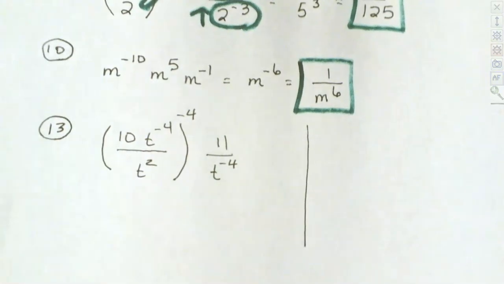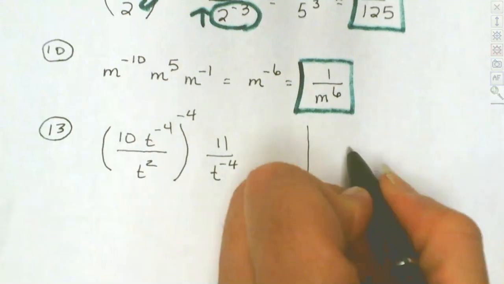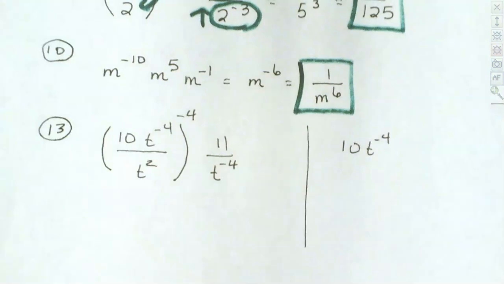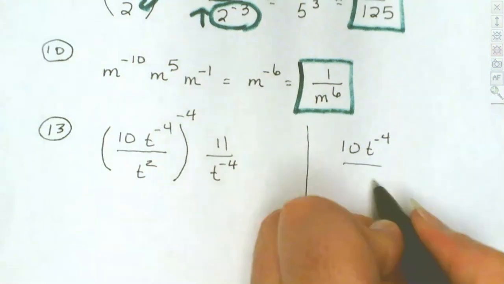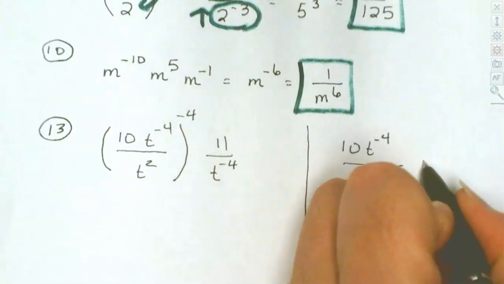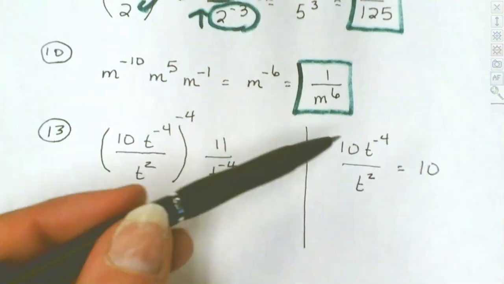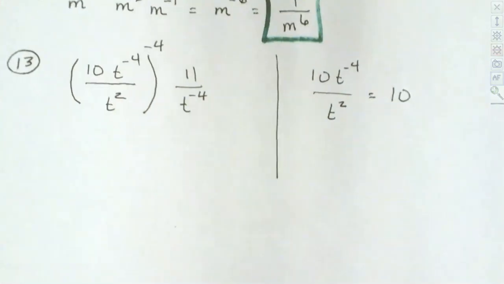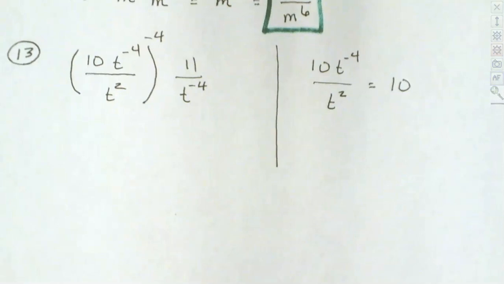So let's look inside that parentheses. And inside the parentheses, I have 10 t to the negative fourth over t squared. So that 10 stays there. Now, what about the exponents? We're dividing. So what do we do with the exponents? They subtract, right? So you subtract your exponents.